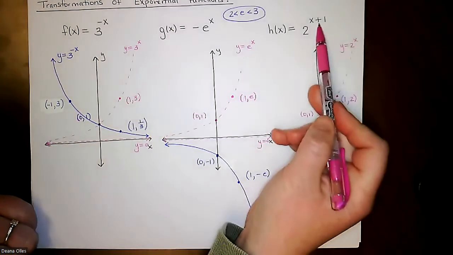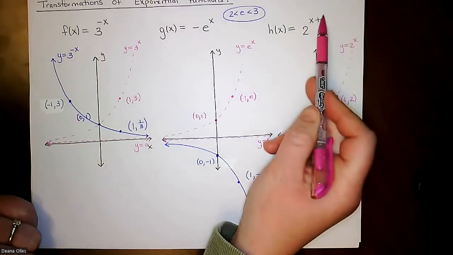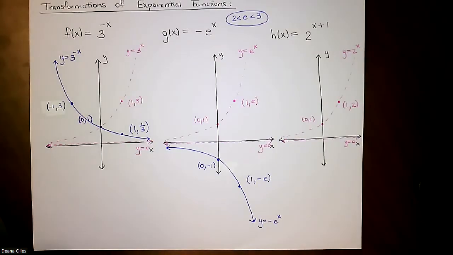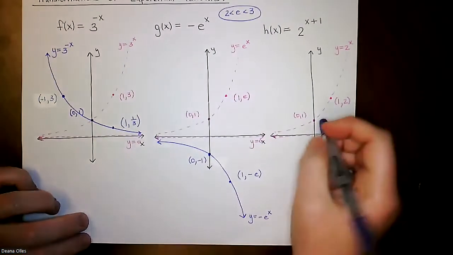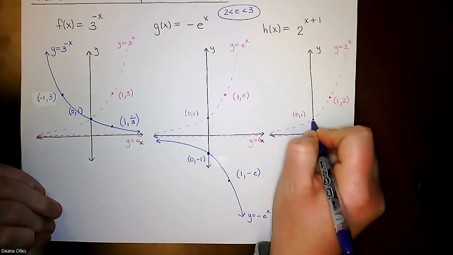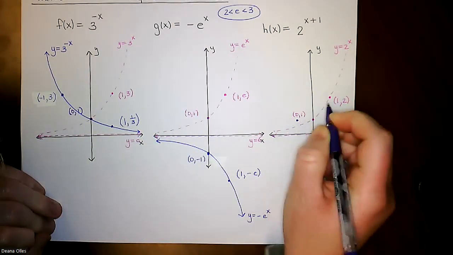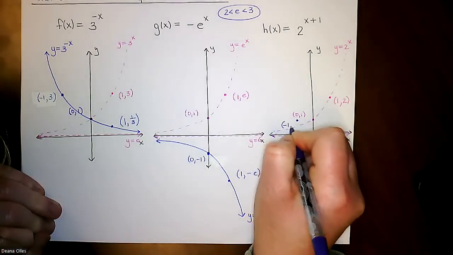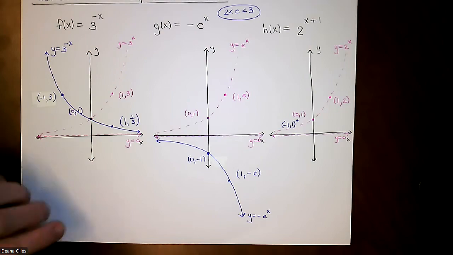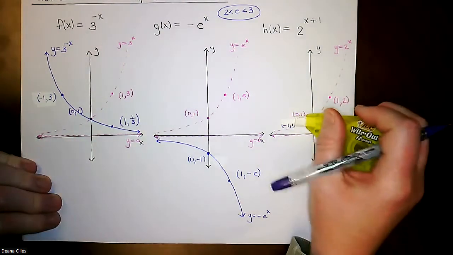Now, if you add one inside the function, that means you shift it to the left 1 unit. So shifting this to the left means instead of being at 0, 1, we will be at negative 1, 1. I'm going to move that one as well. I don't like where I put it.